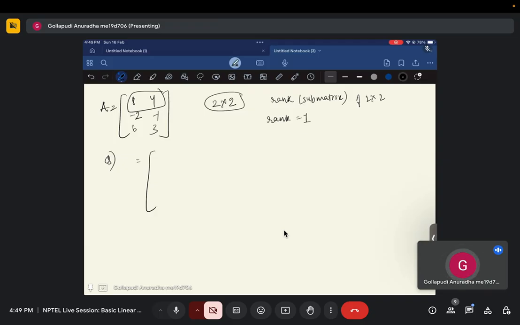This is a rectangular matrix, so the rank will be at most the minimum of m and n. You check all the 2 by 2 submatrices, and if at least one has full rank, then the rank is of that order. Else it is lesser, and you have to check even smaller submatrices.